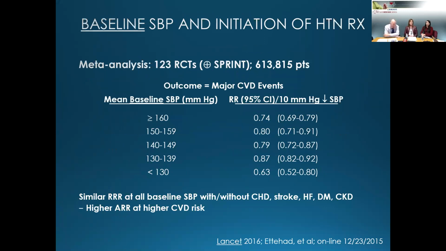As an example, this is a meta-analysis of 123 randomized trials that had more than 600,000 patients. And it showed similar relative risk reductions in major cardiovascular events of between 20 and 37%, independently of whether the initial baseline blood pressure was above 160, or it was 150 to 159, 140 to 149, even 130 to 139, or even below 130.